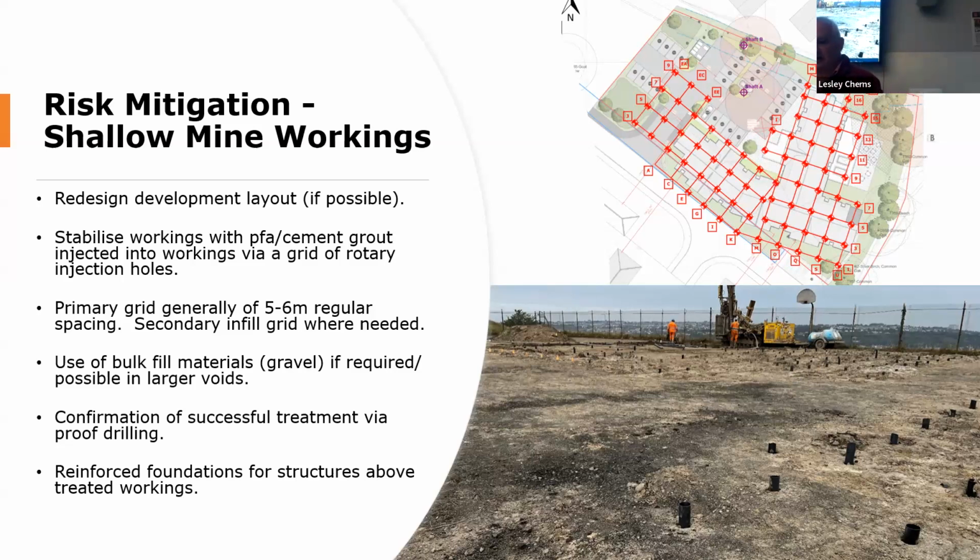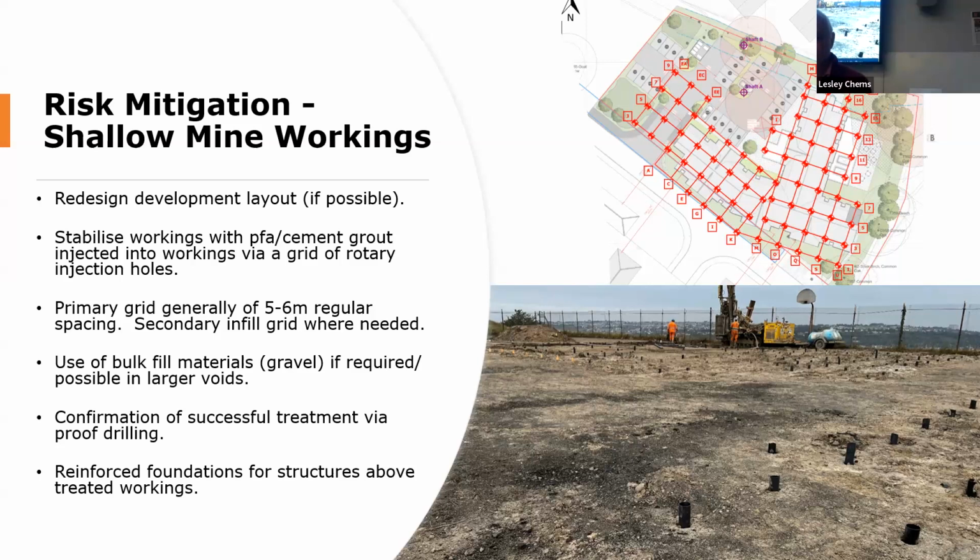PFA is pulverised fuel ash. It's the waste product at the end of a coal-fired power station, the ash at the bottom. It has been brilliant over my working lifetime because we used to go to Aberthaw and get it. It was fantastic. You know, pretty much every site, well, in South Wales, hour and a half travel time from Aberthaw. Fantastic. Aberthaw stopped working.